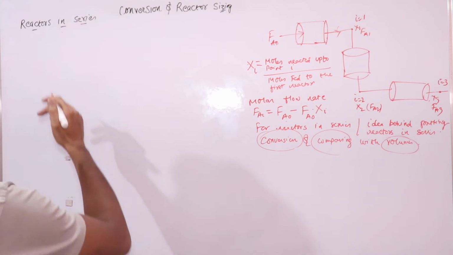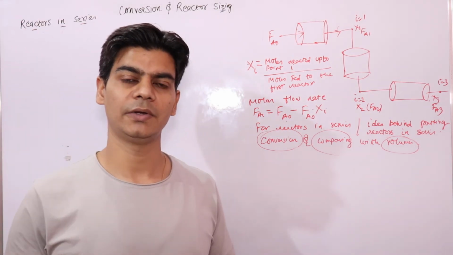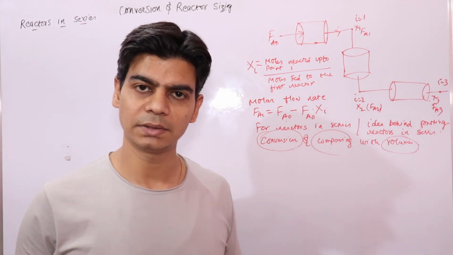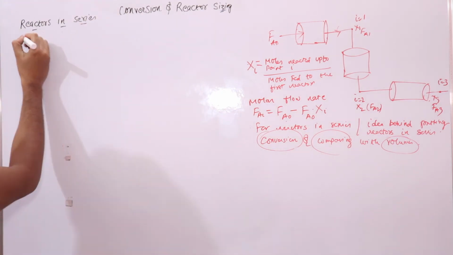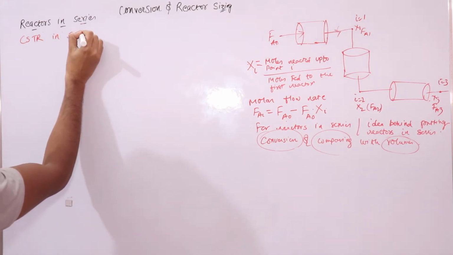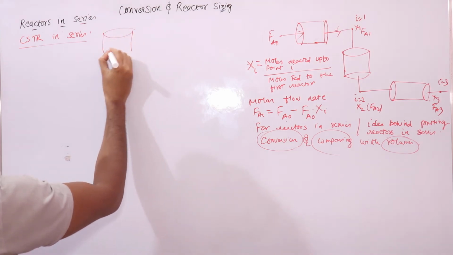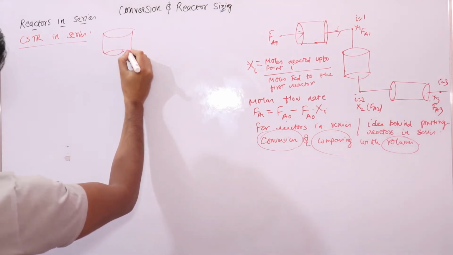So here, the first scenario that we will be looking at is when we combine CSTR reactors in series, right? So CSTR in series. Suppose this is one reactor, right?